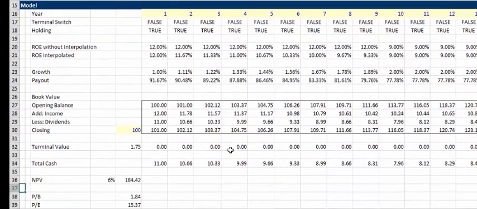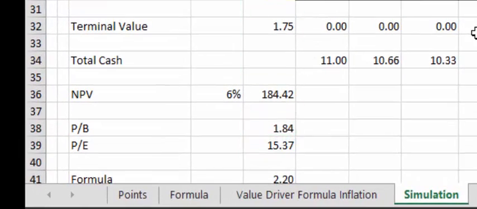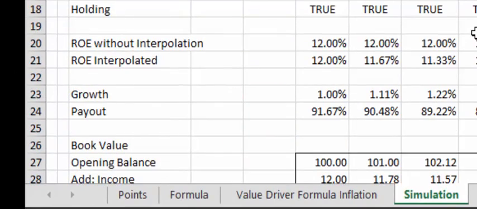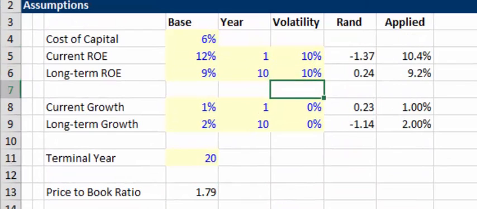So then we get our price to book ratio, and we estimate that with the changing growth rates. Now, to make it a little more interesting, or complicated, I can put some volatility in here. I'm not making the volatility change. Let's make this 15%.